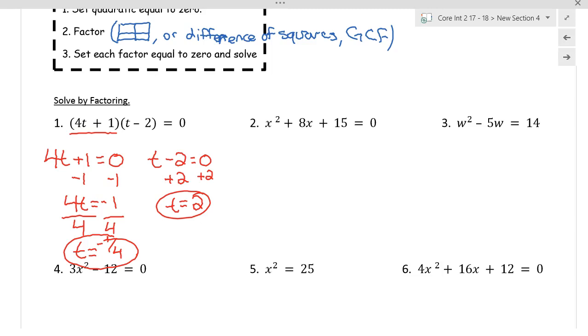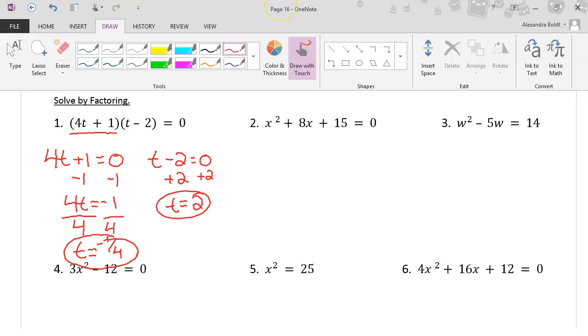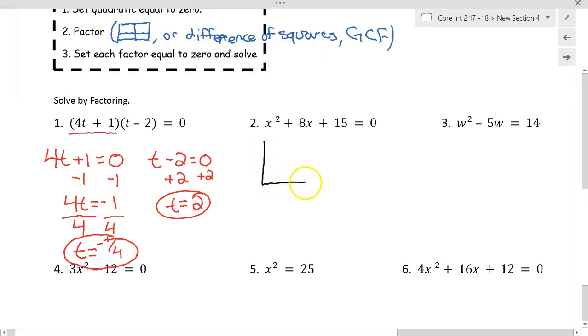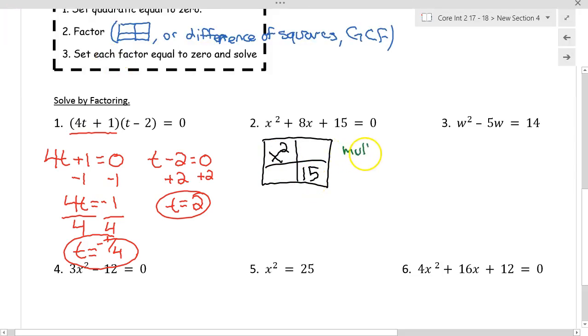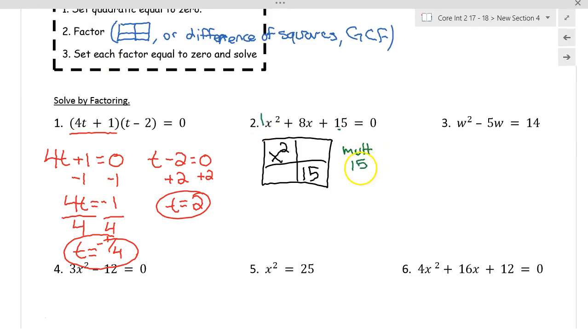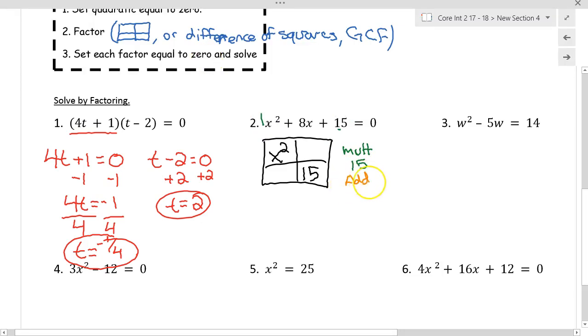Looking at number 2, x squared plus 8x plus 15 equals 0. This one I have to factor. Let's start with my box. I have x squared here, 15 here. I need to multiply to 1 times 15, which is 15, and I need to add to 8.